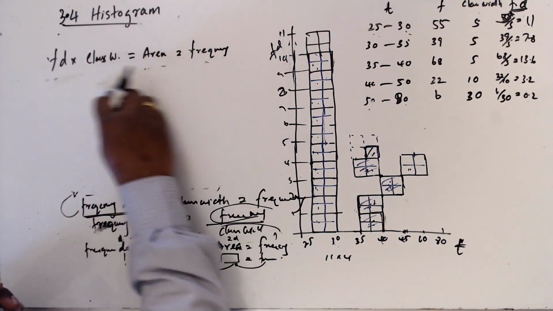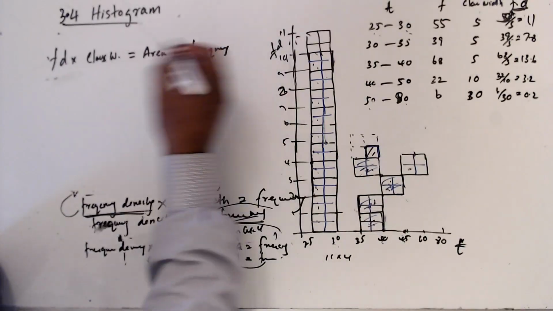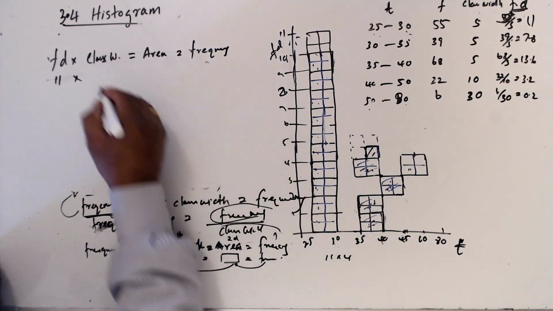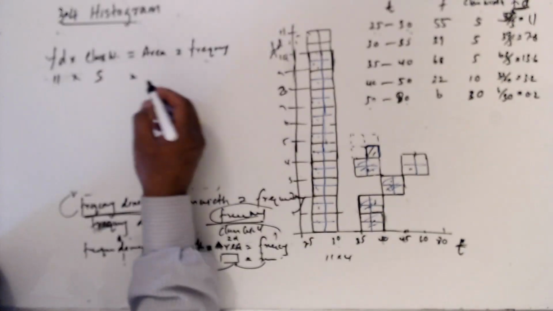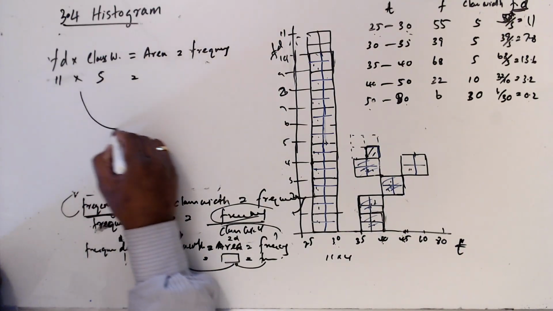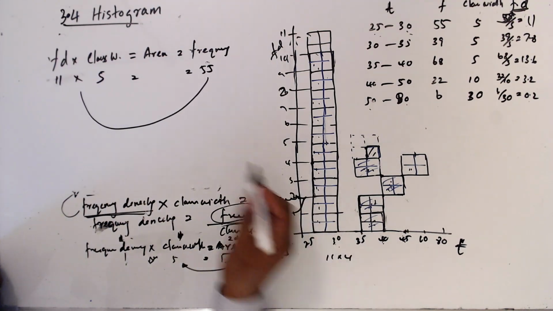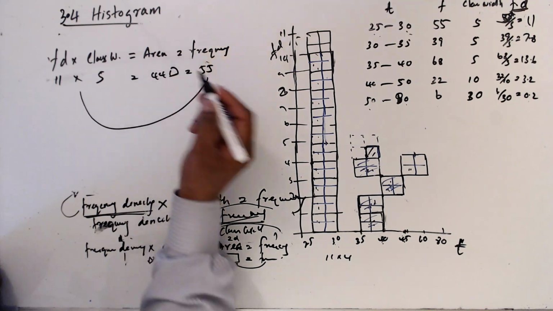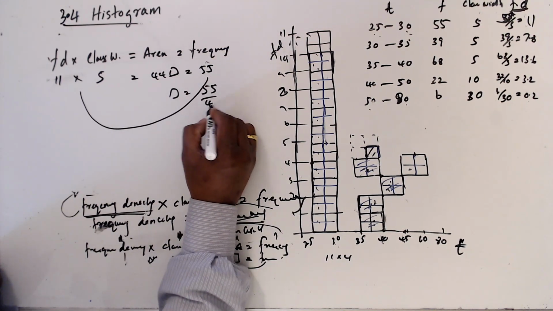Then you can see that frequency density is 11, class width is 5. So then you can find frequency is 55. So how many small boxes now? 44 small boxes. Then one box is 55 divided by 44.